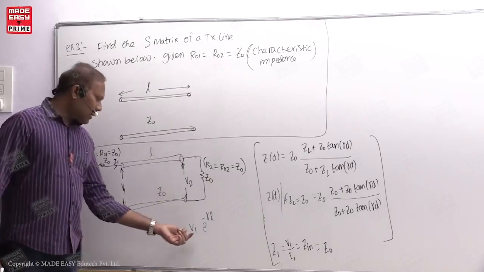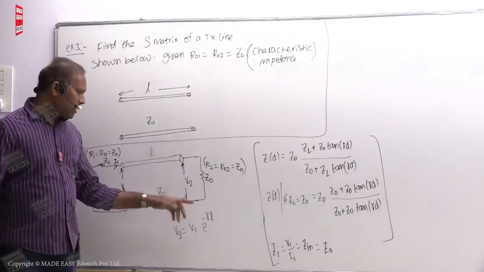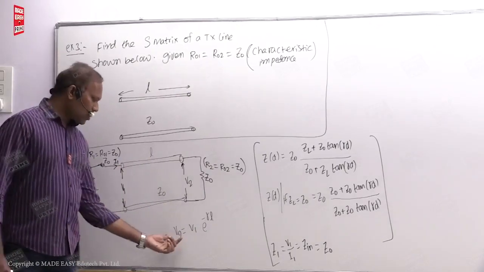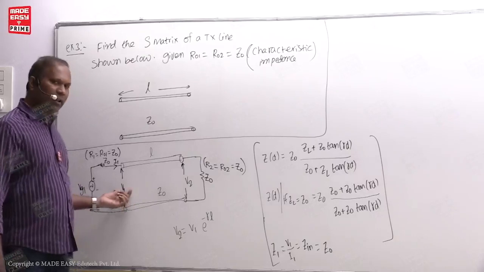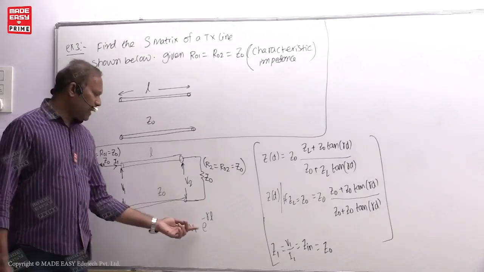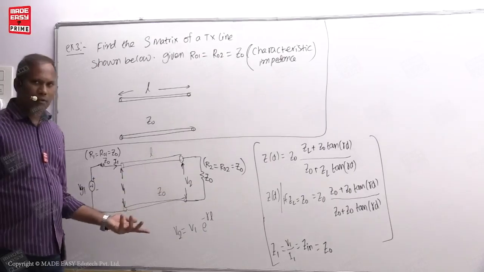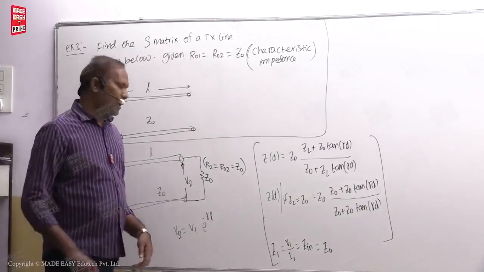So for a wave traveling in plus Z direction, minus should be there, and Z is equal to the total length you have substituted. So V2 is equal to V1 whatever you are sending multiplied with e power minus gamma L, because no reflected wave, only incident wave is there.